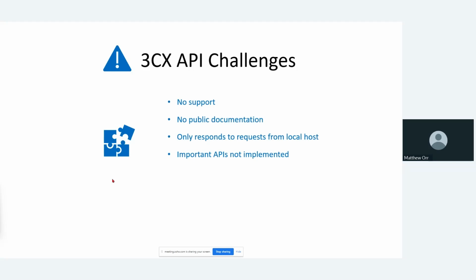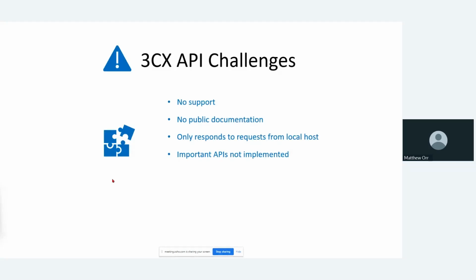But even so, there are a lot of APIs that are needed that 3CX doesn't provide when you're looking at this from the context of having to communicate with 3CX from a separate server.